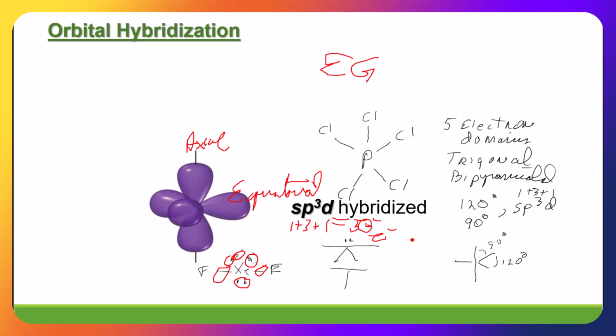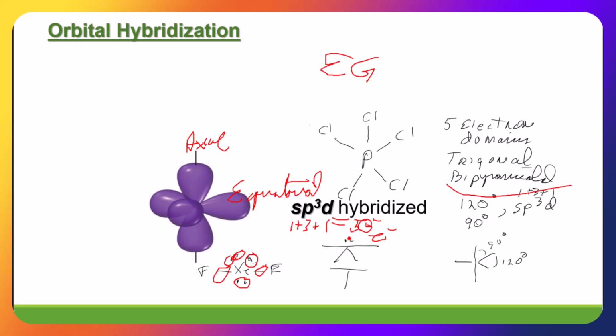That gives me trigonal bipyramidal electron geometry, 5 electron domains. You've got a series of 120-degree bond angles. You've got 90-degree bond angles. So here's the 90, and here is the 120 for the trigonal bipyramidal sp3d hybridized electron geometry.